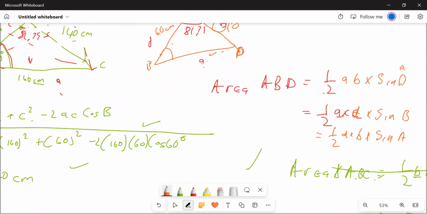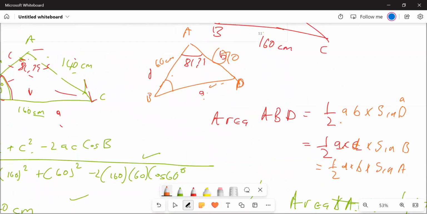So are we going to use formula number 1, 2, or 3? We're going to go with formula number 3. Let's erase the rest; they are no longer relevant here.